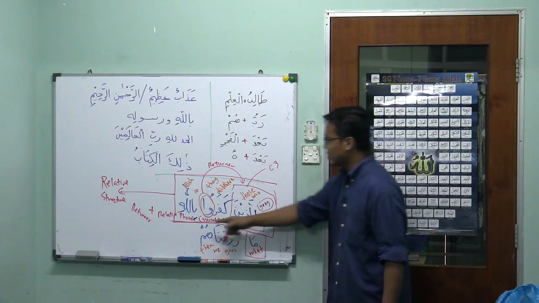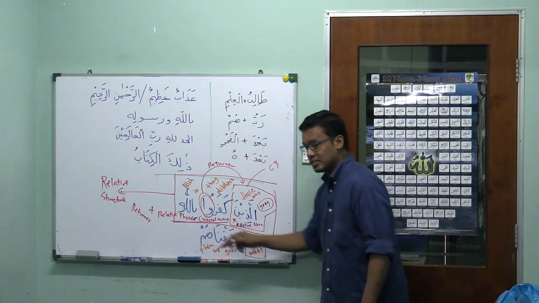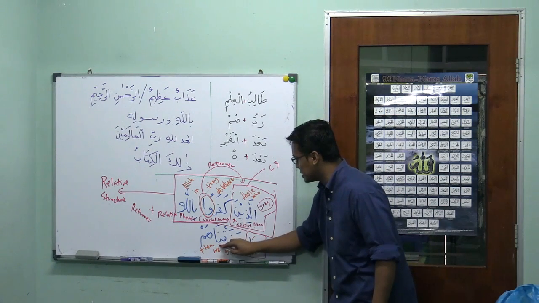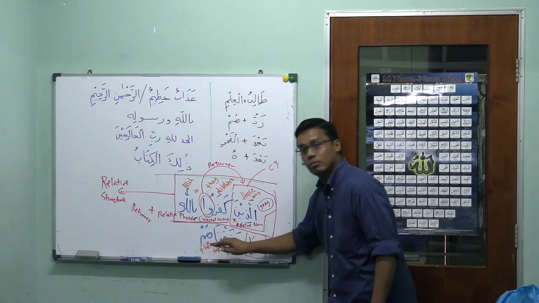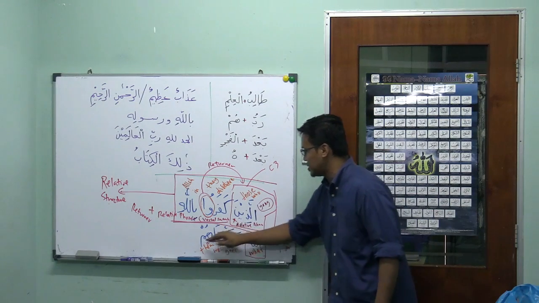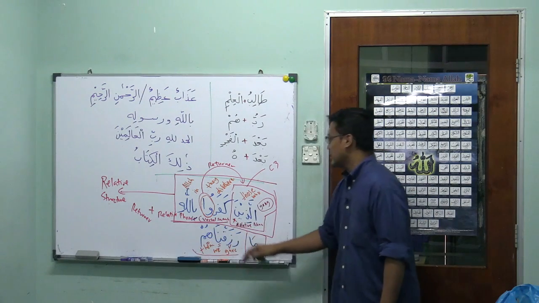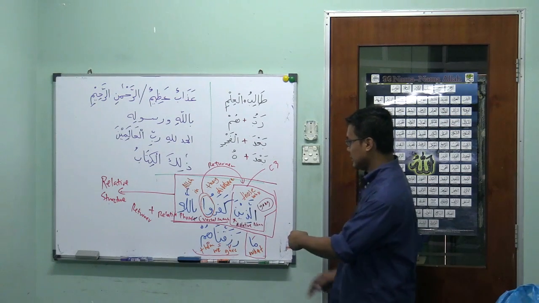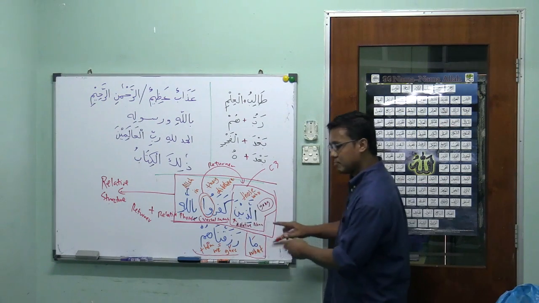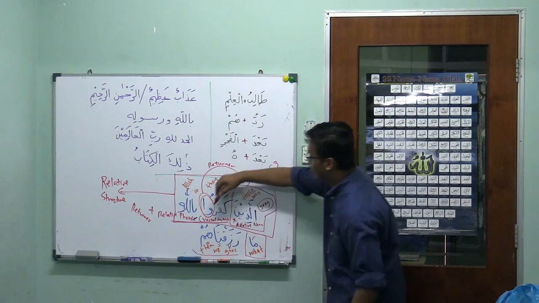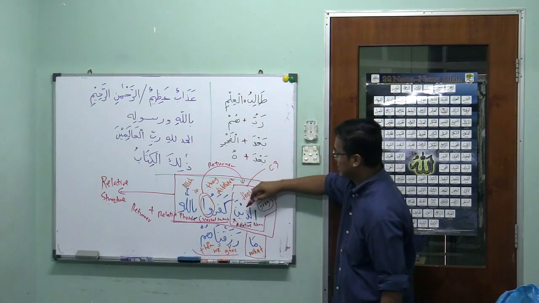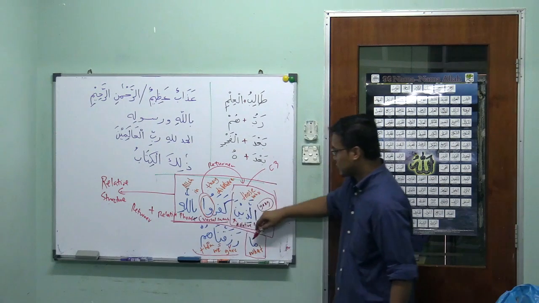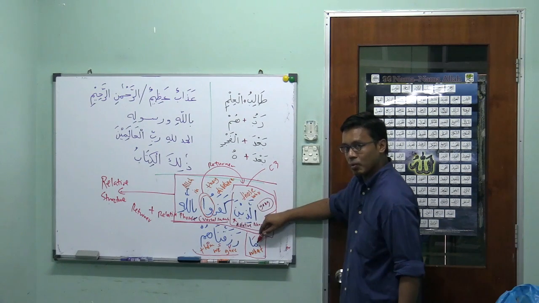And then what do you have after that? The relative phrase, which is VSO. Verb, subject, object. This is the relative phrase. And then the returner must refer to the same thing. Waw alif refers to they, alladhina refers to they. But is there anything here that refers to it, or to what?